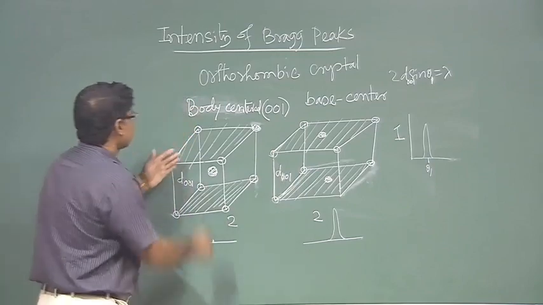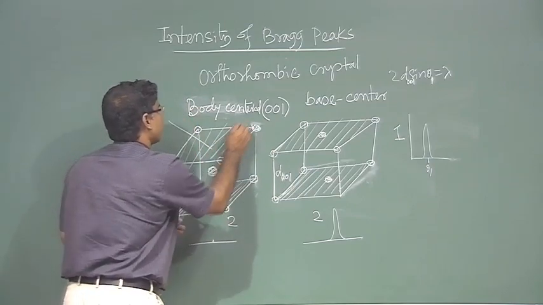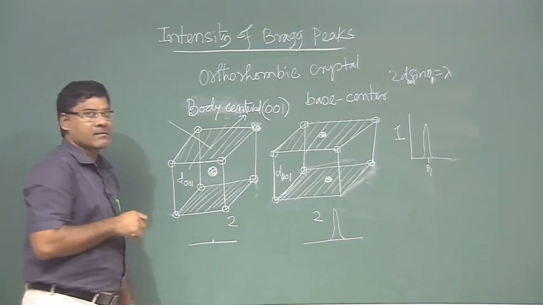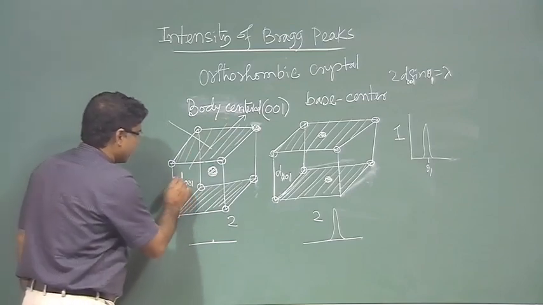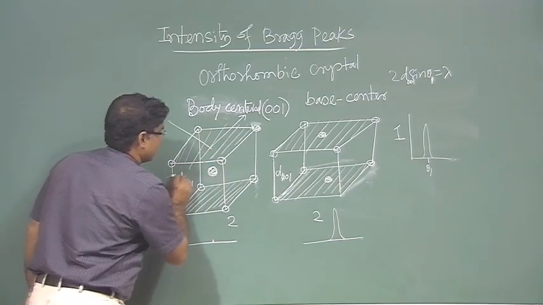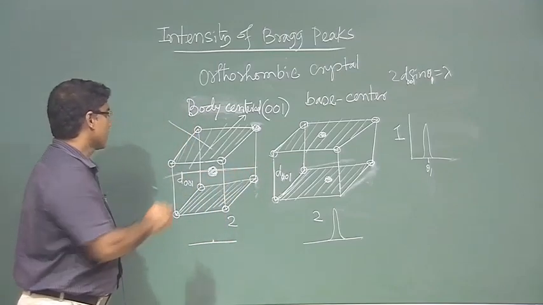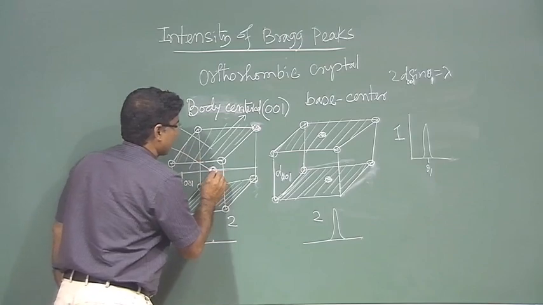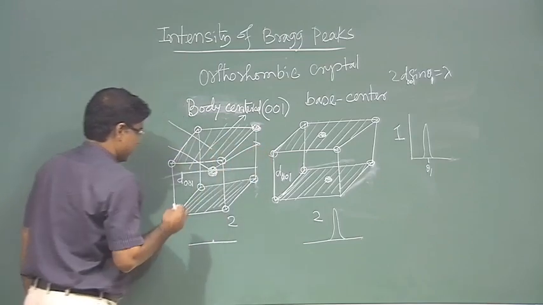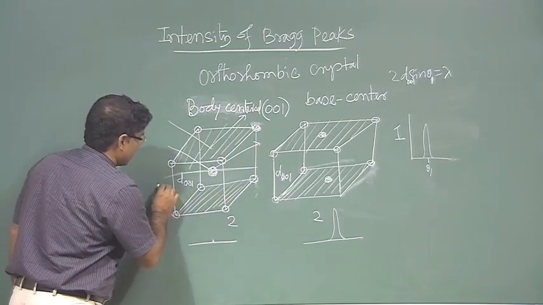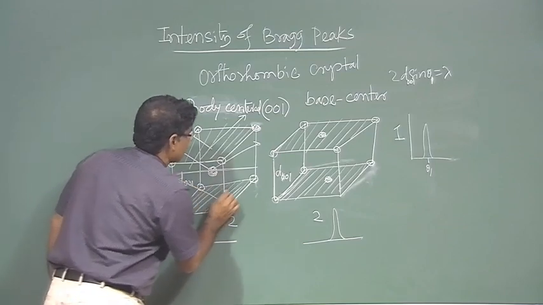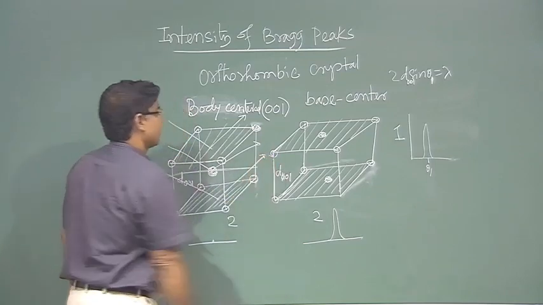The reason is that from this plane, here also you will get one plane. From this plane there will be reflection or diffraction, and from this plane there will be diffraction. Okay.